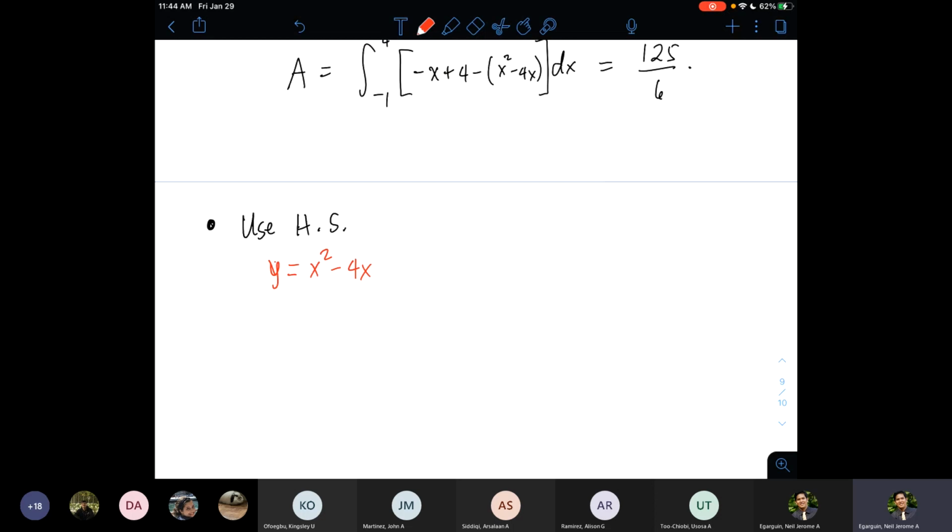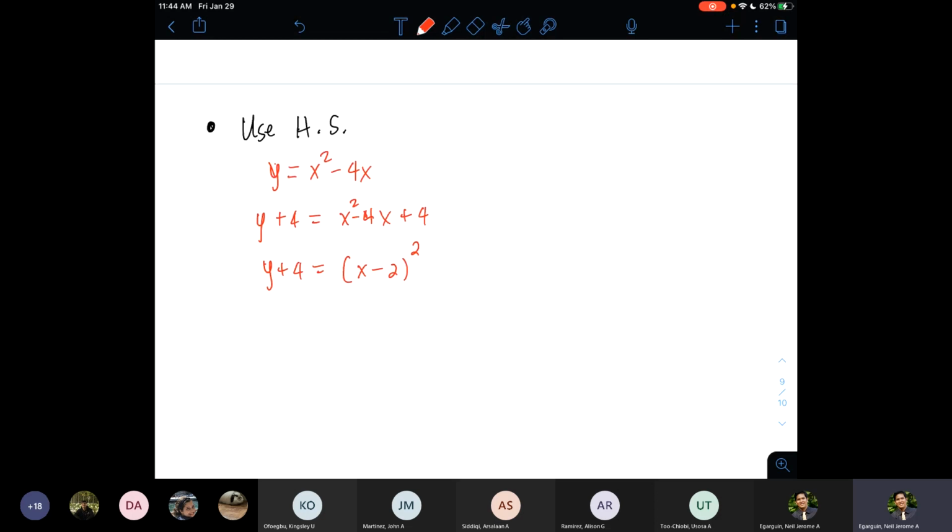But here I need to solve for x in terms of y. So I need to do completing the square. I will add 4 to both sides: y plus 4 equals x squared minus 4x plus 4. And then y plus 4 equals x minus 2 quantity squared.